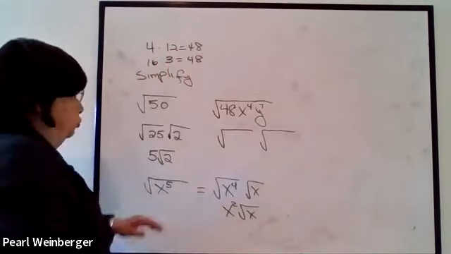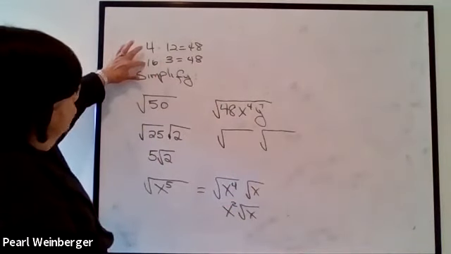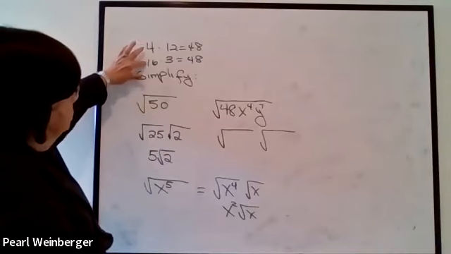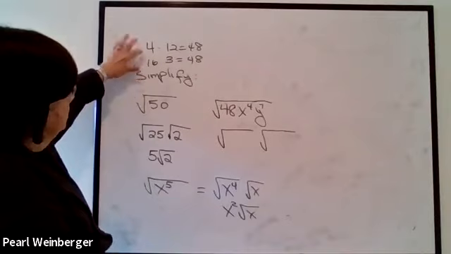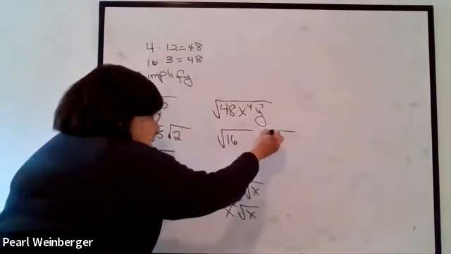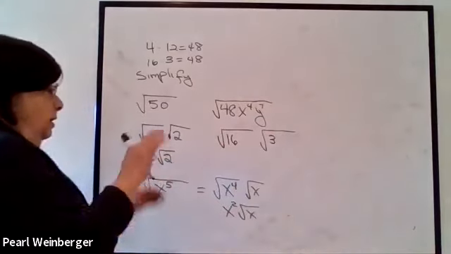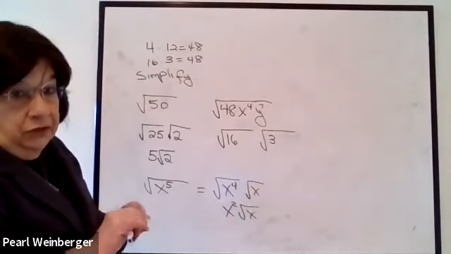Sometimes you have a couple of choices. When you have a couple of choices, you want to pick the choice that gives you the largest perfect square. 16 is bigger than 4. I'm going to change this to 16 and 3. Okay, that's the harder part, dealing with the coefficients.